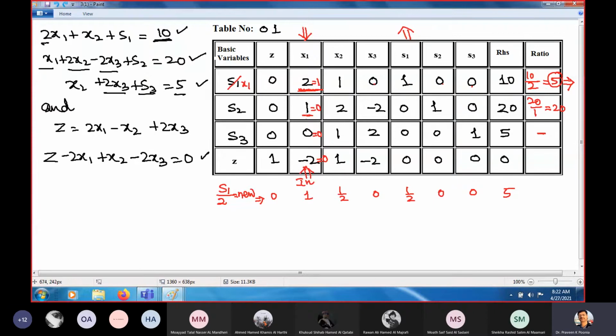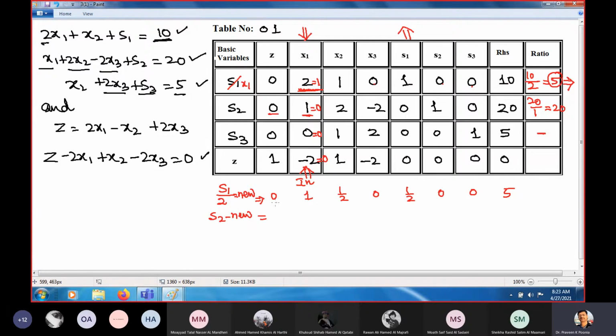Okay. So now we need to make 1. Here is 1, here also 1. You can see this one and this one. So directly you can delete: 1 minus 1 equal to 0. So how are you going to do it? It is S2 minus new, because 1 minus 1.